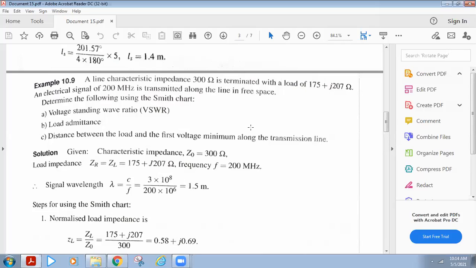An electrical signal of 200 megahertz is transmitted along the line in free space. Determine the following using the Smith chart. This is a very important problem.